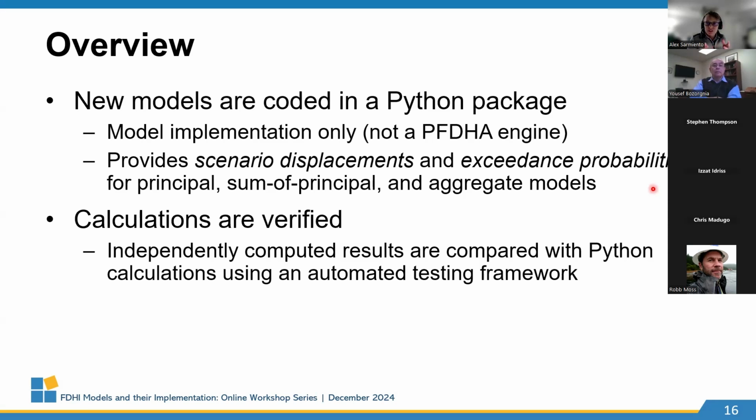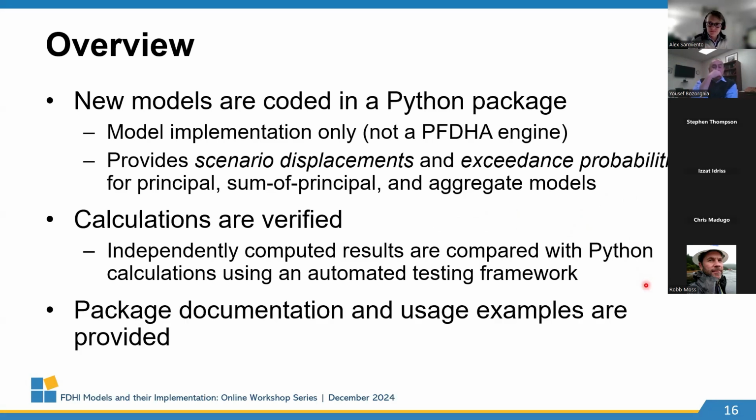And so we do this with a set of independently computed results that are automatically compared with results computed by the Python package. And this automated testing framework spits out an error if the computations don't match, and we're not able to publish the package.